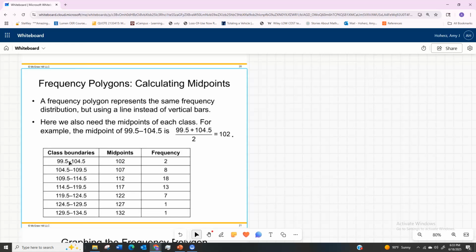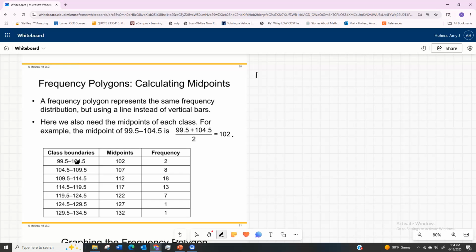And so in order to calculate those midpoints, if they weren't already given to you, so here we have them already, but if you didn't, you would take each of the upper and lower class boundaries and add them and divide by 2 to find the average. So the average between 99.5 and 104.5 is 102. The calculation for that one is here. We'll do the next one.